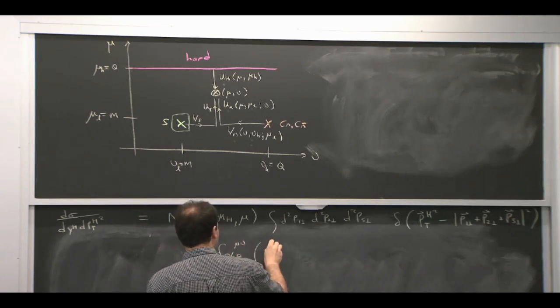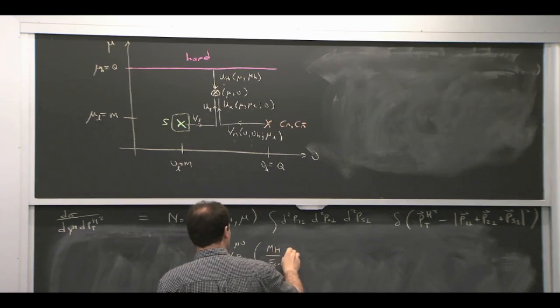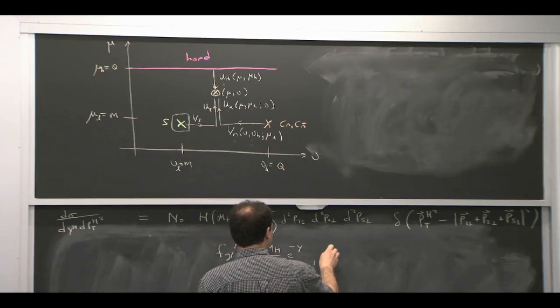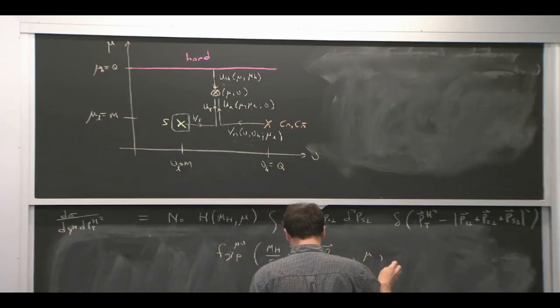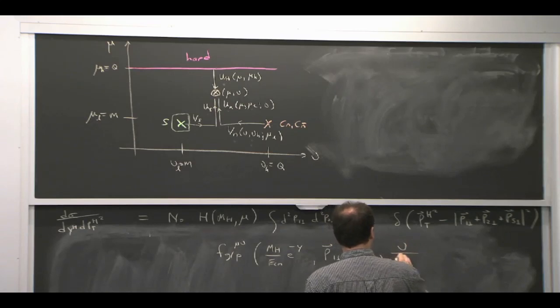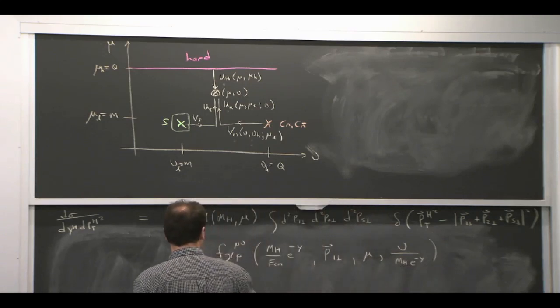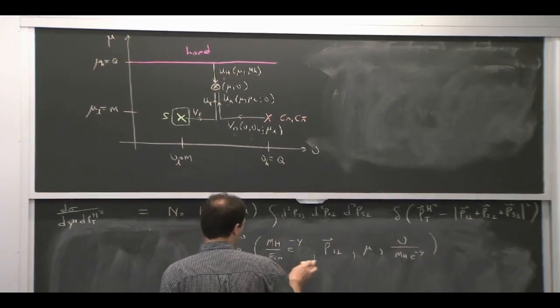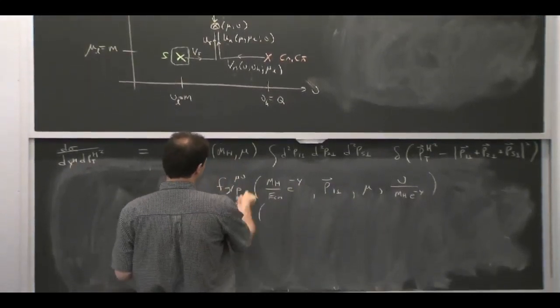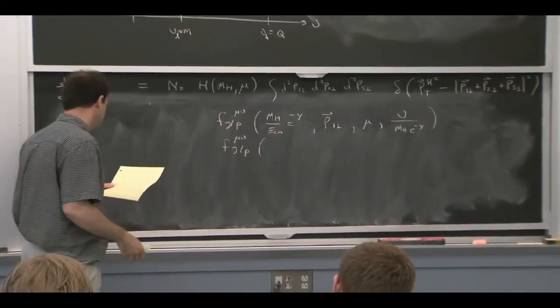So do this in the proton center of mass frame. Because of the fact that we're measuring perpendicular momentum, it allows the PDF to be a tensor.